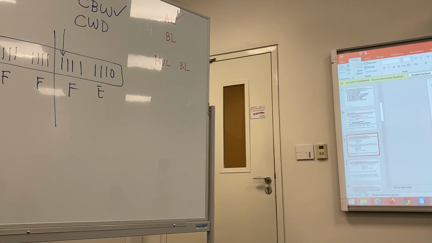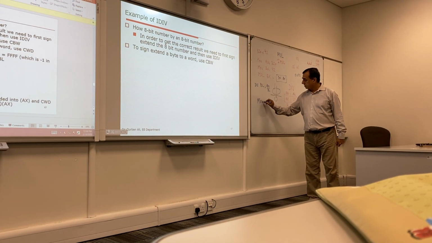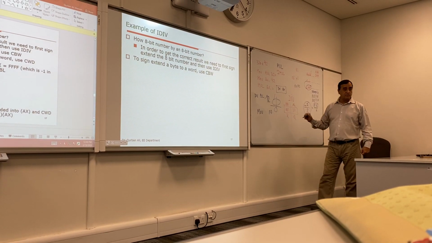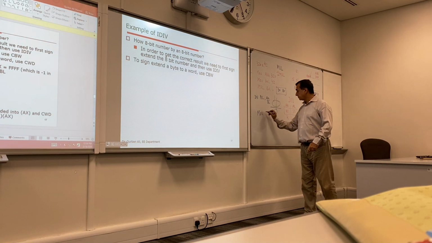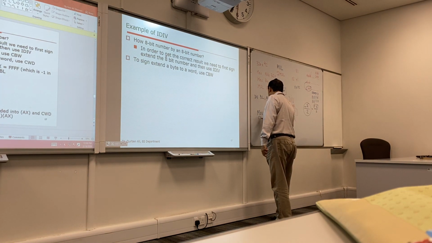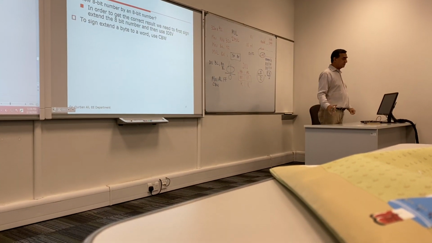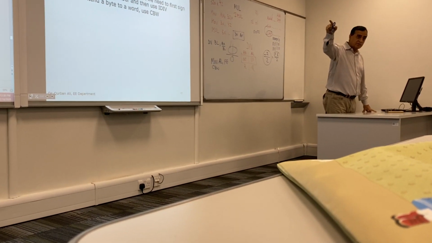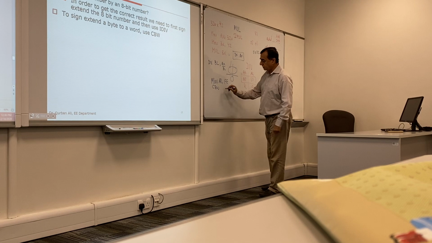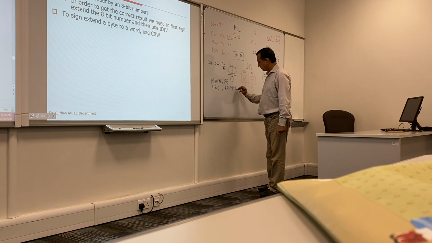So what I will do here, since I want to divide this one: MOV AL, FE. This is the numerator, to AL, because in division the numerator is always the accumulator. Then I say convert byte to word, CBW. So now the value is in AX, which will be FFFE, and in AL I have FE.